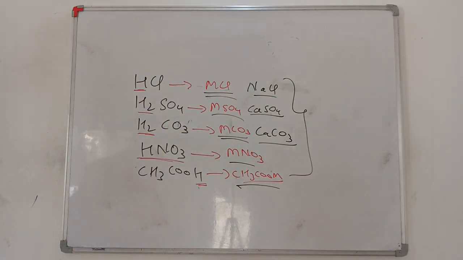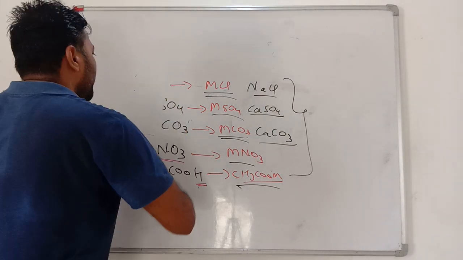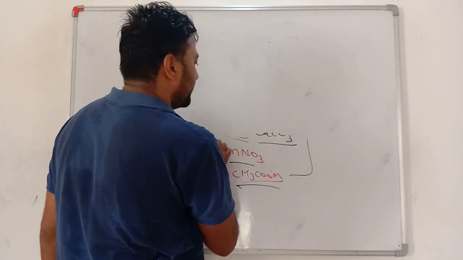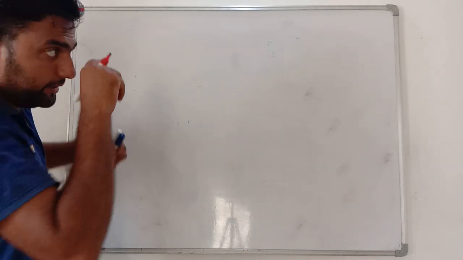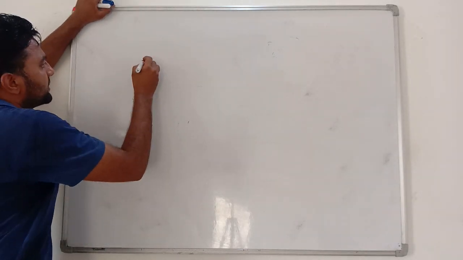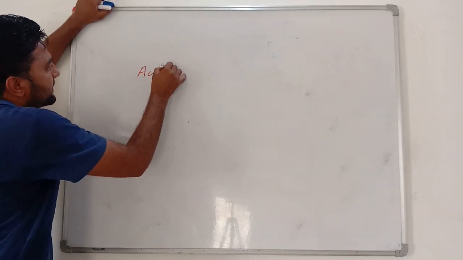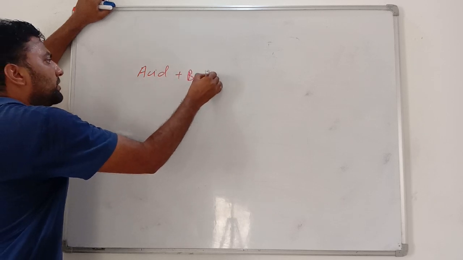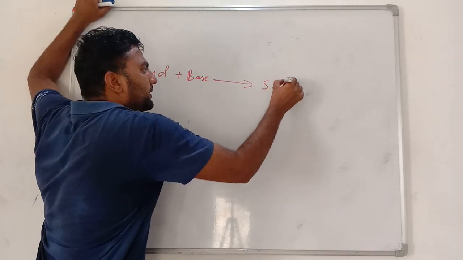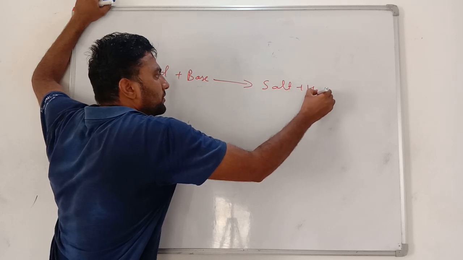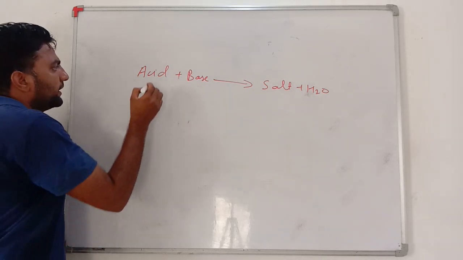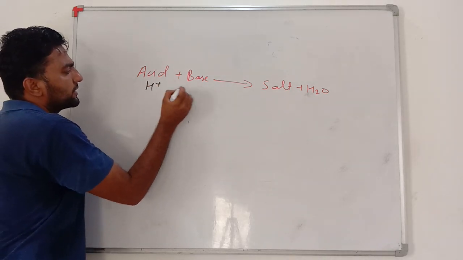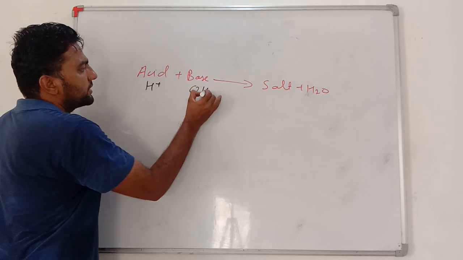See, my dear students, it is found that many times the salt we get shows a bit acidic or a bit basic nature. Why? Very important. Whenever an acid reacts with any base, we get salt plus water. That is, the acid gives H+ and the base gives OH-.